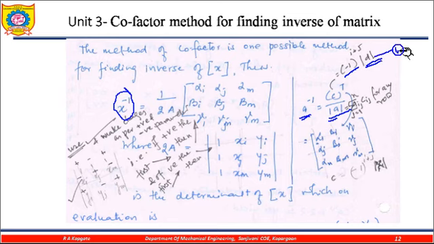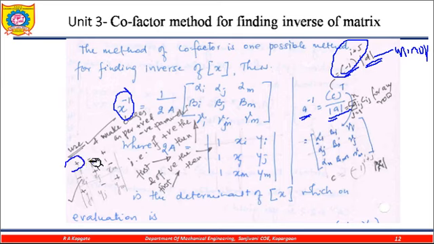This is not a determinant, this is the minor of the remaining field, the minor of a particular point. So this is minus 1 to the power i plus j. If I am interested in calculating at this point, this is alpha 1 1, this is beta 1 2, this is gamma 1 3. So minus 1 to the power 1 plus 1, that is 2, is a plus value.